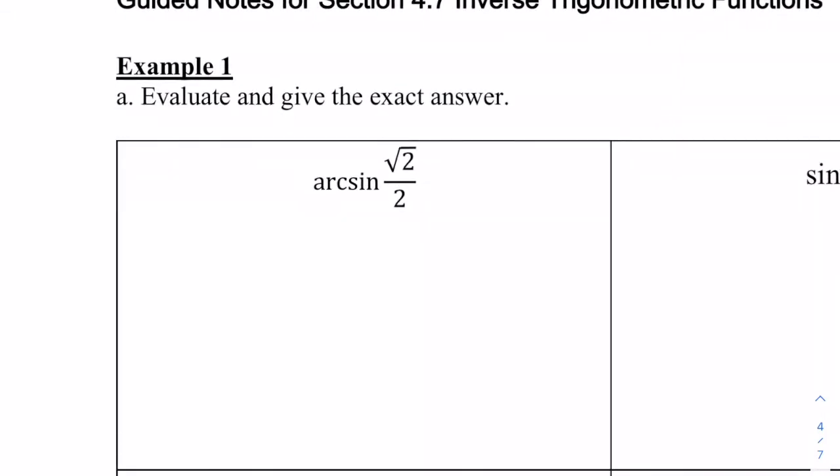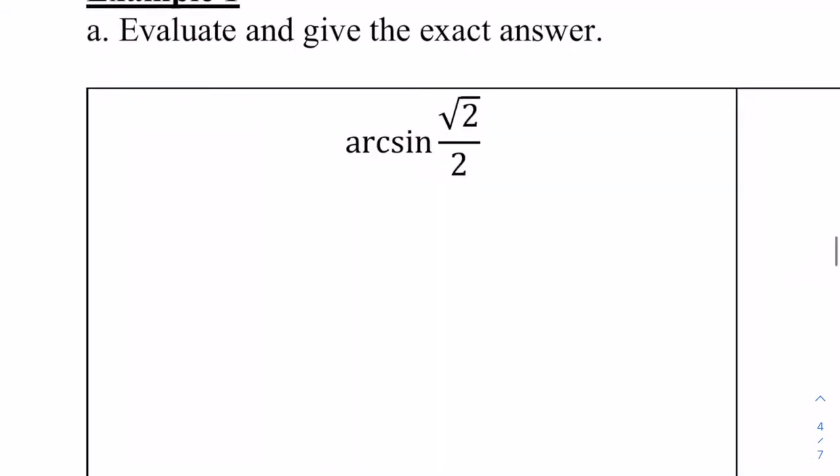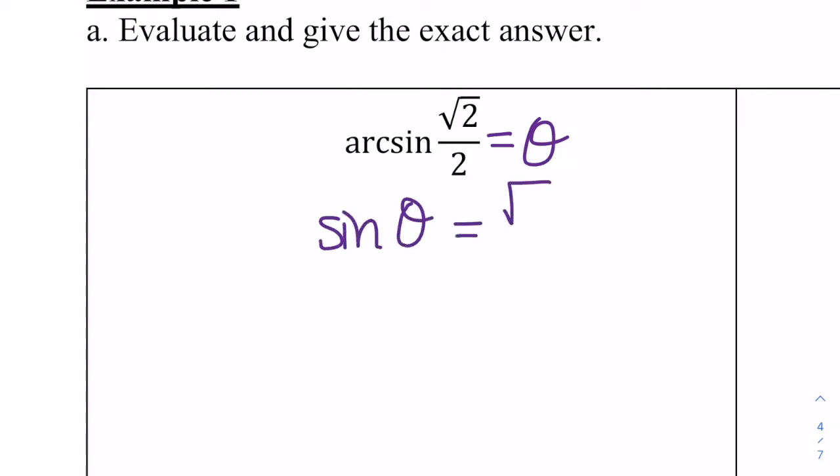So remember, for each of these, we're looking for the angle. So it might be helpful to say, all right, this is going to be the angle. What's going to be the sine of the angle when the ratio is root 2 over 2? Just remember, we're looking at only specific quadrants. In general, whenever it's positive, we'll be in the first quadrant, which is helpful.